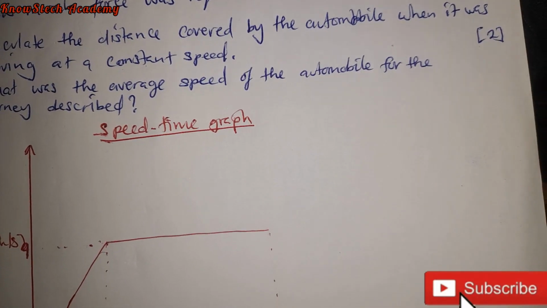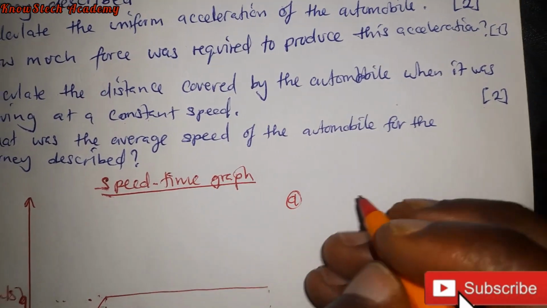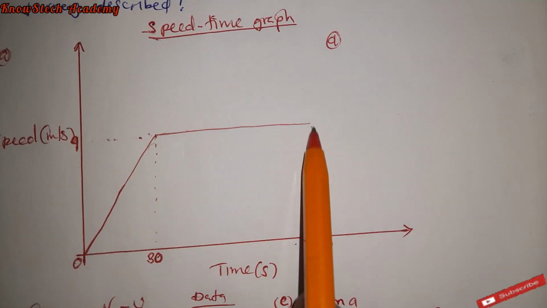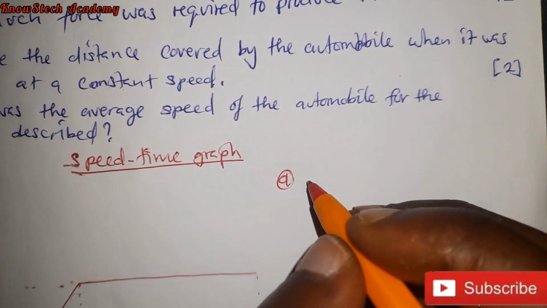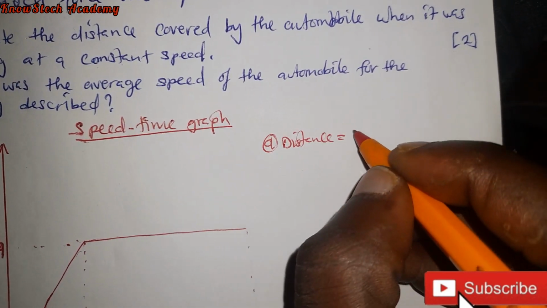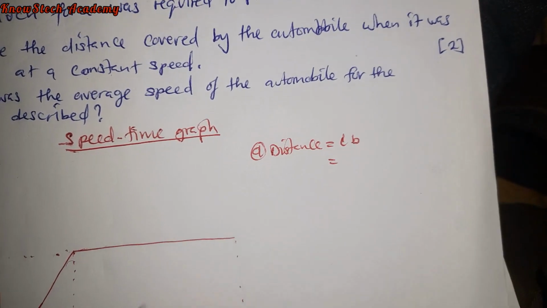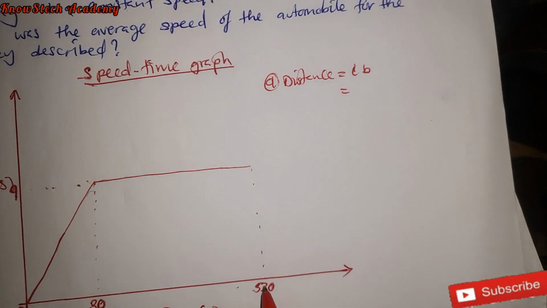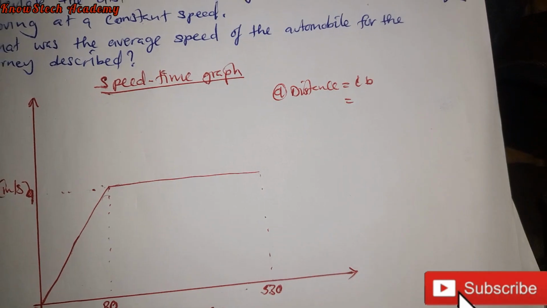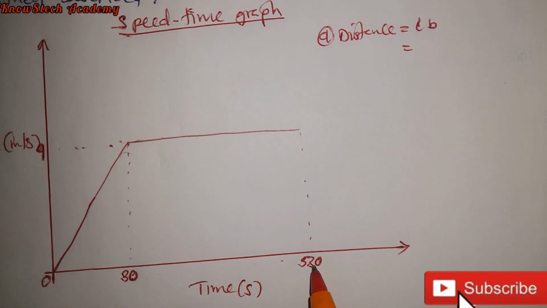To calculate the distance covered, we are going to use the area of the shape, which is length times breadth. The length is from 30 to 530.